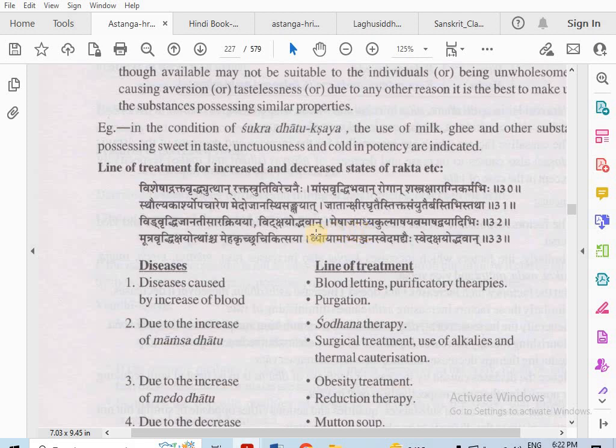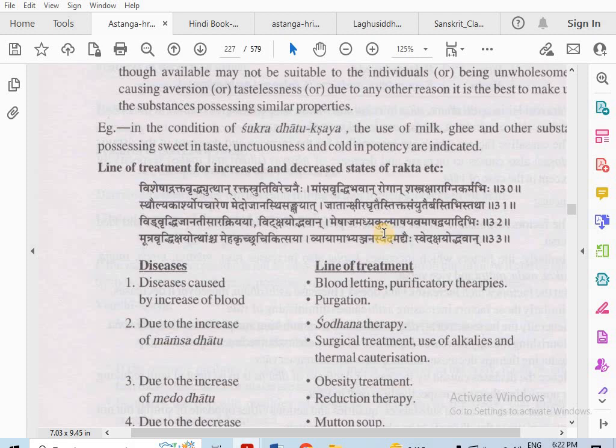So when feces is decreased, and due to this decrease of feces, whatever disease occurred, in that the people should eat the central body, the middle body of these two animals, sheep and goat, that meat to be eaten, right?